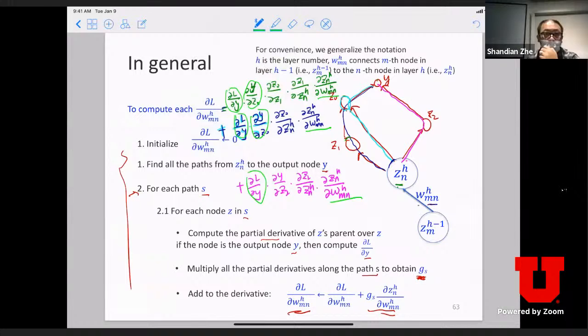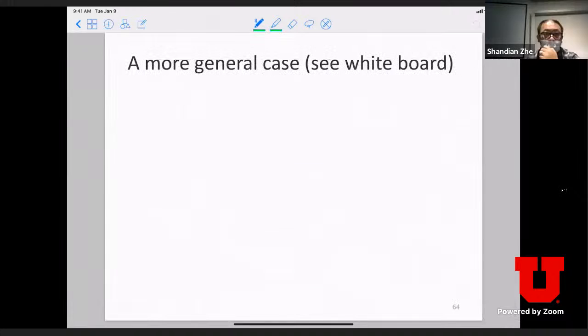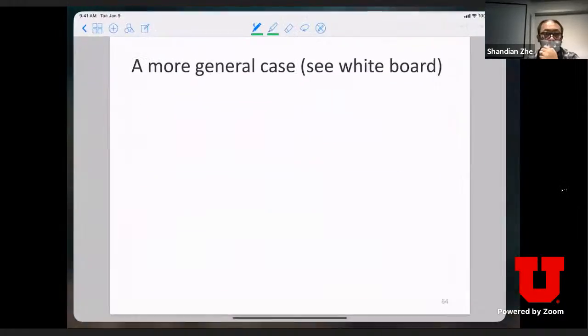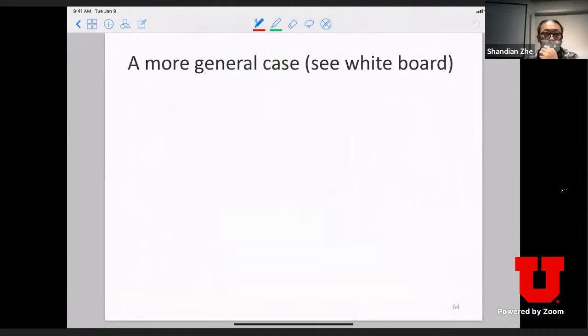But before I illustrate the idea of backpropagation, I want to use a more complicated example to show how the backpropagation algorithm was invented. I'm going to use a 3-layer neural network.